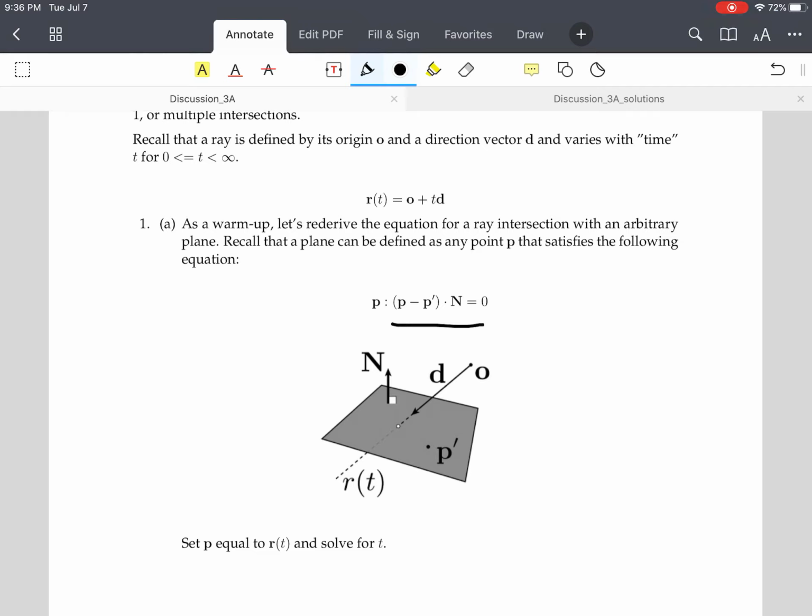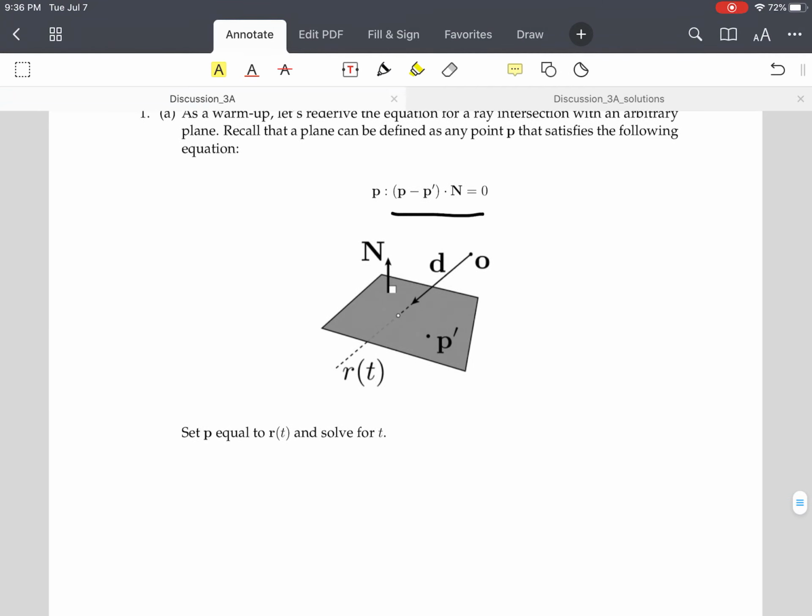Okay, so this basically tells us all points P which satisfy this are on the plane. Okay, so let's solve for this ray intersection by essentially setting this point P, which should be on the plane, equal to R of T, which tells us the position of the ray at a certain time, and then solving for T.